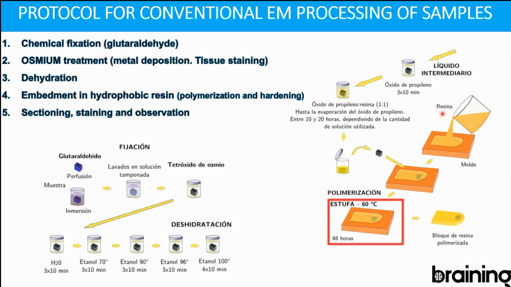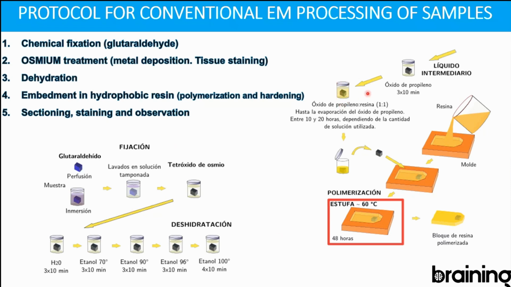So it's not completely liquid, it's a little bit thick. In order to get this resin inside your tissue, you're going to need this propylene oxide to infiltrate the resin into the tissue. It takes between 10 and 20 hours until you get a proper infiltration of the resin into your tissue.